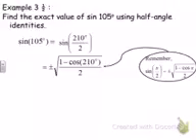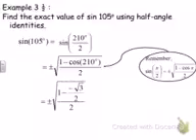Cosine of 210 is negative square root of 3 over 2. Yeah, that's going to end up being plus there, because minus and negative. Multiply top and bottom by 2 again.